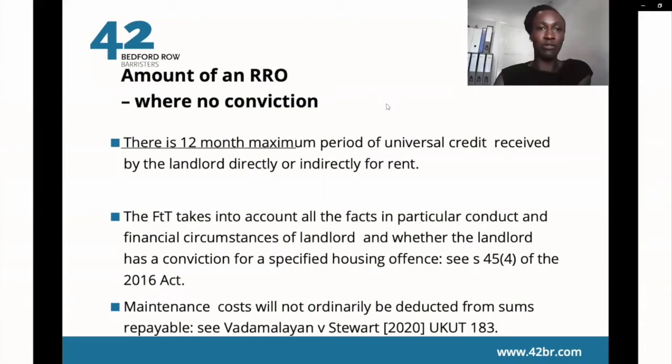Within Section 45(4), what it says is the tribunal must, in particular, take into account the conduct of the landlord, the financial circumstances of the landlord, and whether the landlord has at any time been convicted of one of the relevant offences. And these are the offences that Howard has already explained and outlined to you.